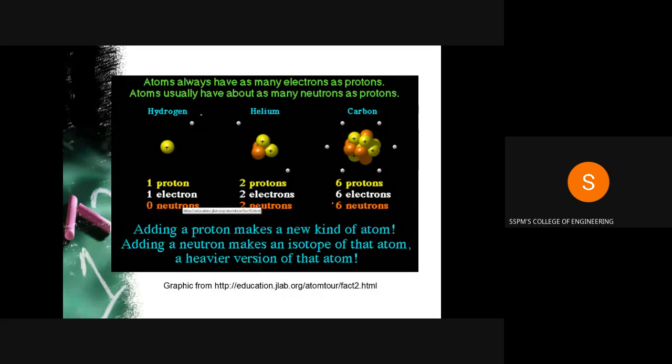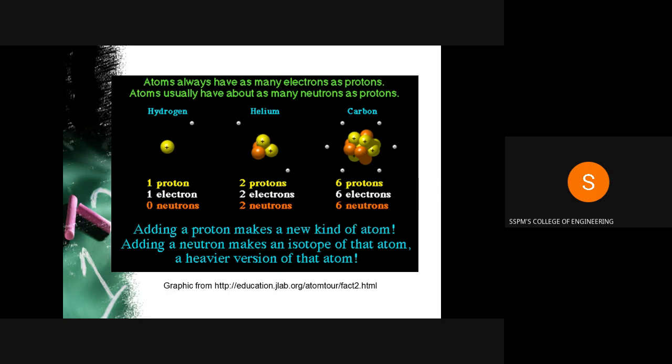See the example. Atoms always have as many electrons as protons. Atoms usually have about as many neutrons as protons. When you see the combination for an atom of hydrogen, it has one proton, one electron and zero neutrons. But in the case of helium, there are two protons and two neutrons, and for carbon six protons and six neutrons.